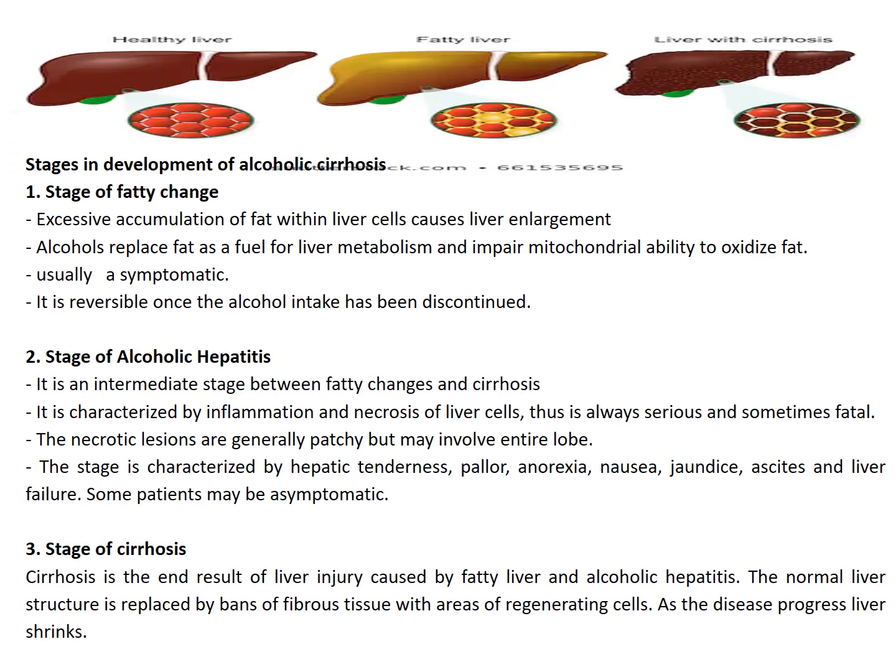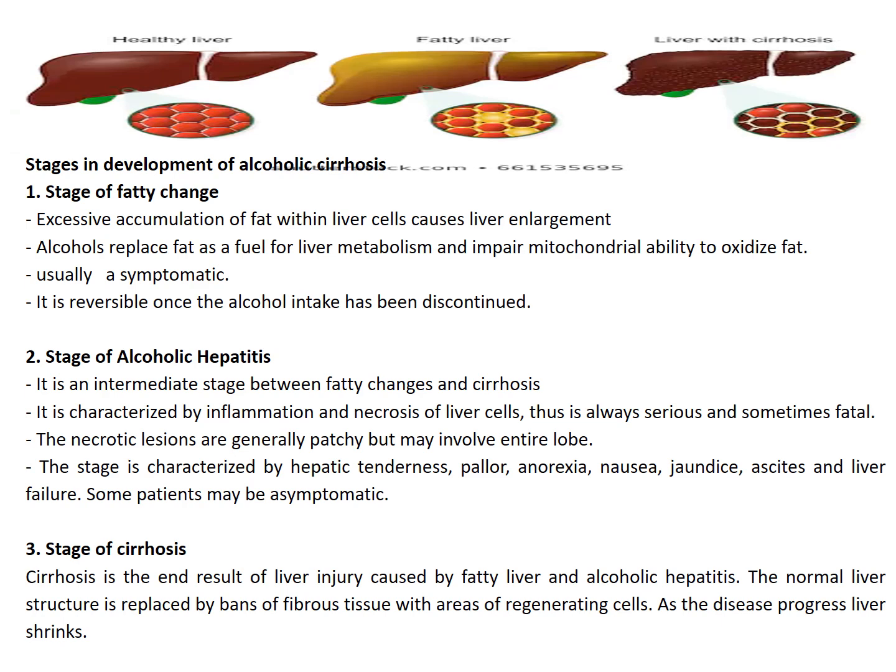The third stage is the stage of cirrhosis. Cirrhosis is the end result of liver injury caused by fatty liver and alcoholic hepatitis. The normal liver structure is replaced by bands of fibrous tissue with areas of regenerating cells. As the disease progresses, the liver will shrink and become smaller in size.